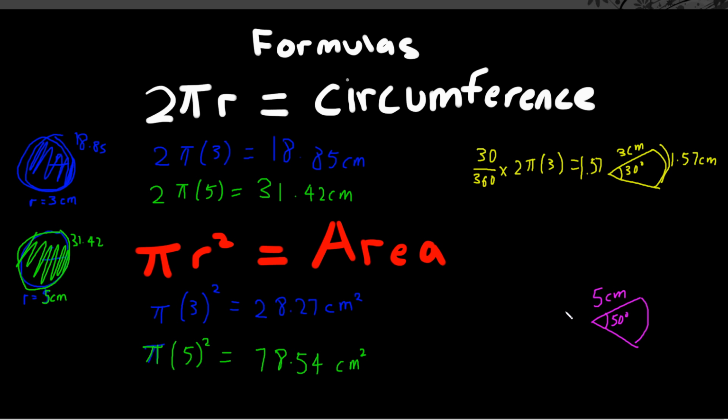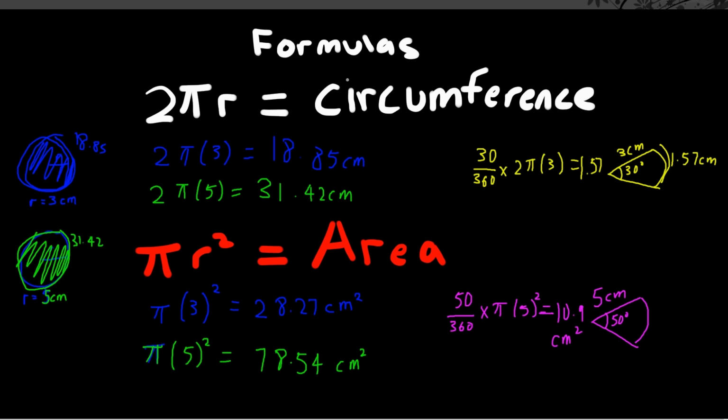Again you want to calculate the area of the sector. 50 over 360, because like I mentioned just now, the full circle is 360 degrees, times pi r squared, this r is 5, equals 50 over 360 times 5 squared times pi. You would have gotten an area of 10.9. Again, the units for area is square centimeters.